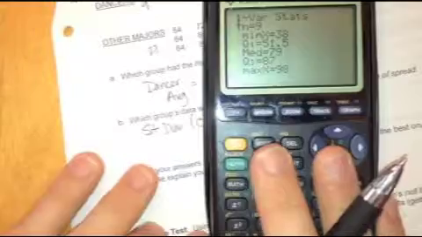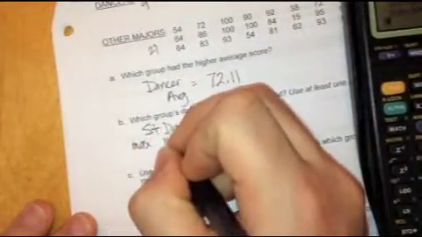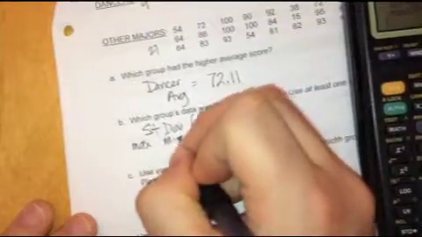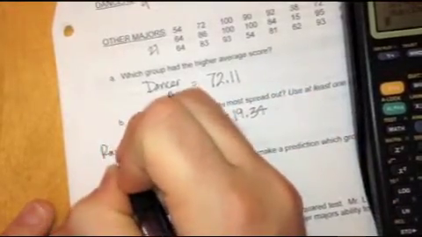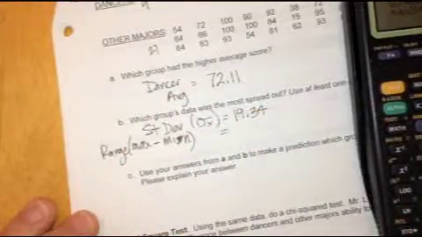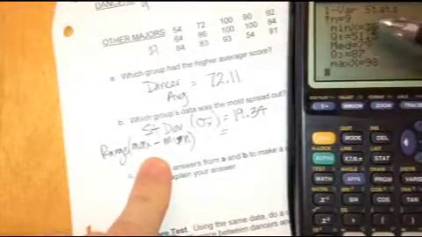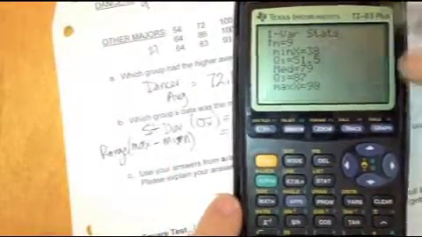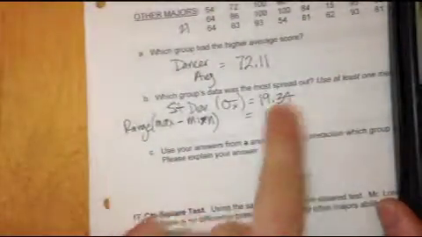Just to help me later, I could find the max and the min, I could subtract them to find the range. And the range for this data set, the max is 98, the min is 38, so the range is 60. That's another way of talking about how spread out data is.